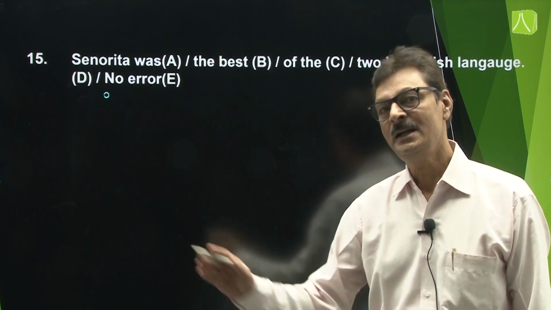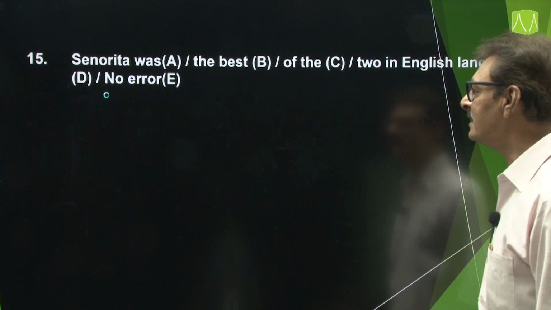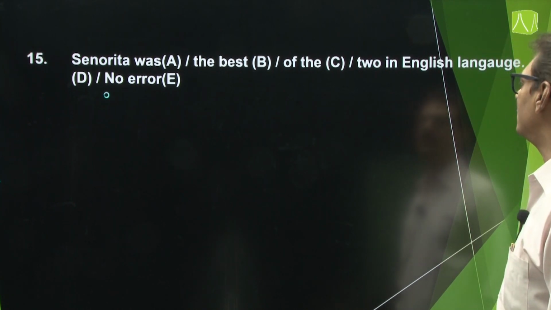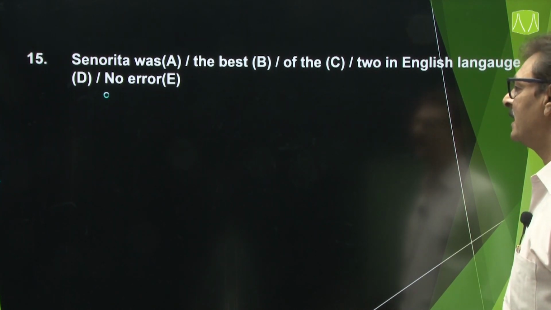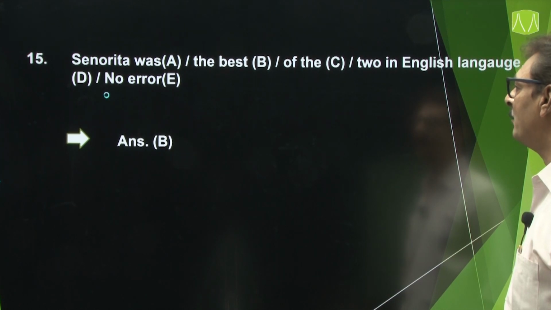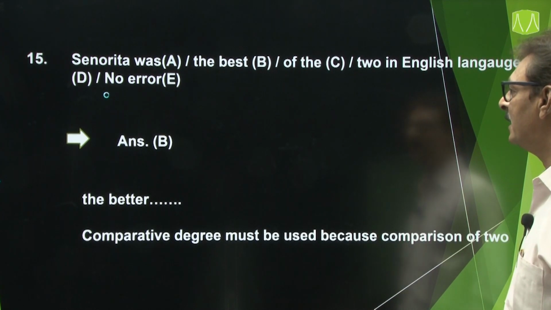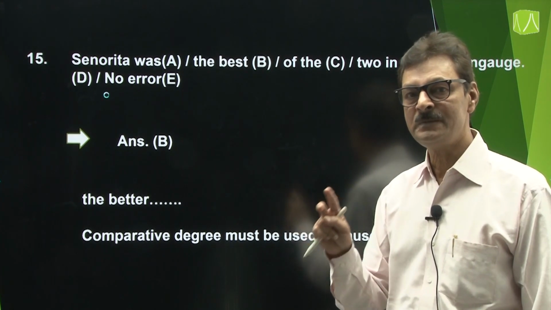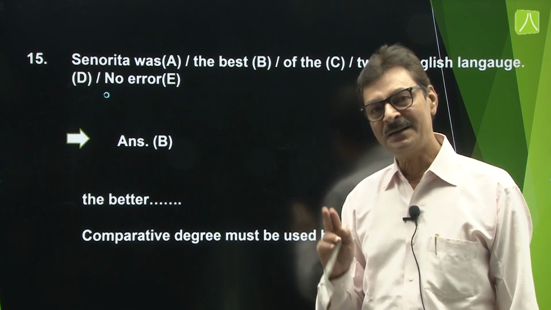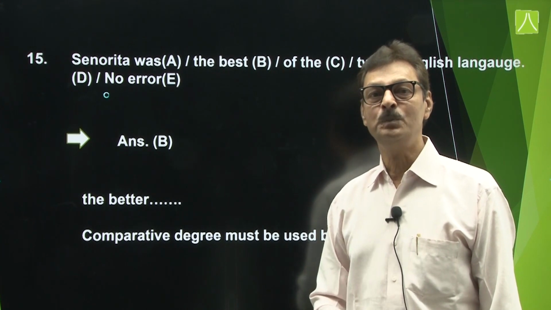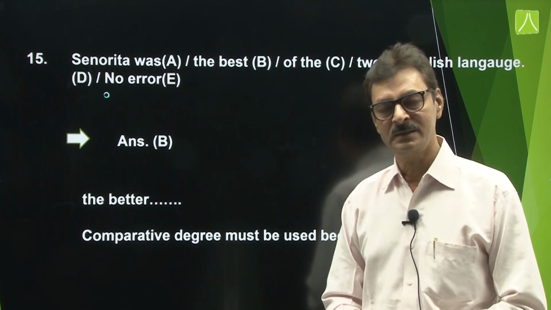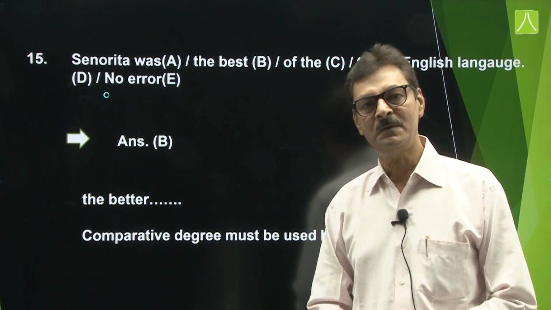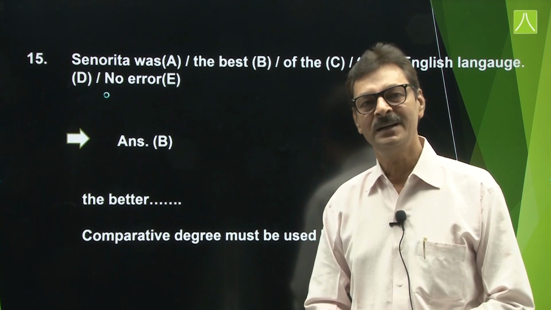We have done adjectives. Now identify, is there any error in this? Senorita was the best of the two in English language. And the error is in part B. दो के बीच में best नहीं हो सकते हैं. Senorita was the better of the two. Remember this? Good, better, best. So when we compare two persons or two things, then we always go with the comparative degree, never with the superlative degree.